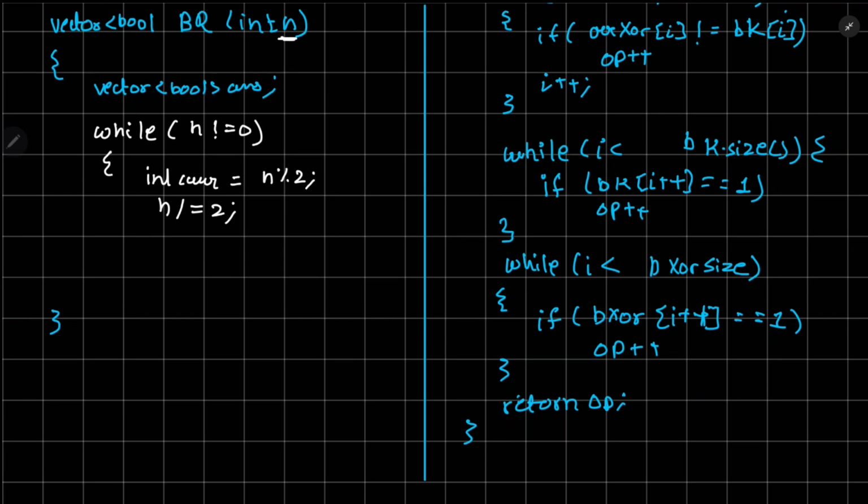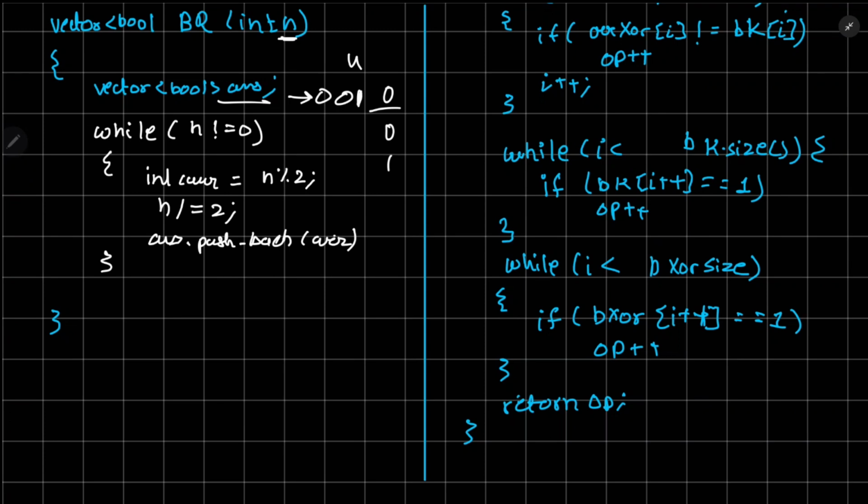Now as we divide it, we get the answer in reverse order. For 4 it was giving us 0, 0 and 1. So we push it in the vector. In the first iteration we will get 0, so answer dot push_back current, and this is over. And now we have the representation in reverse order, so our answer would look something like 0, 0 and 1.